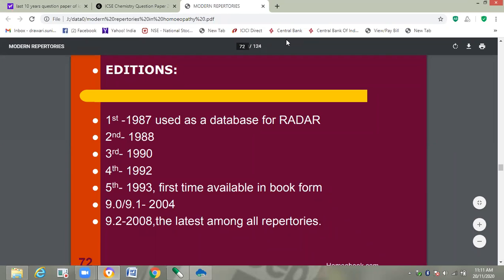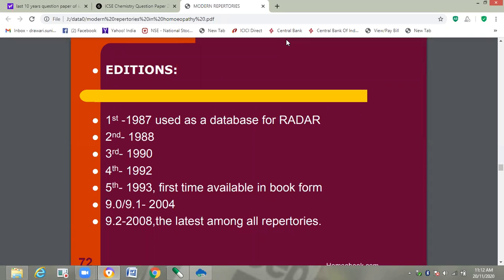Dr. Frederick Schroyens and his team collected a lot of information through the cooperation of practicing homeopaths throughout the world, as well as from all the previous literature and all the previous repertories. They collected important information, and the information was used in making the Radar computer program.